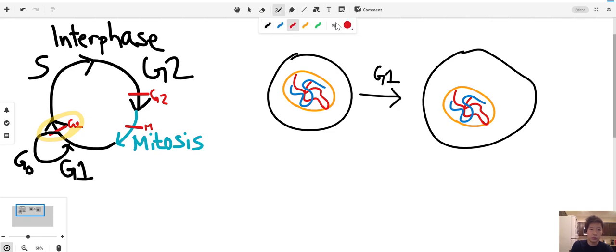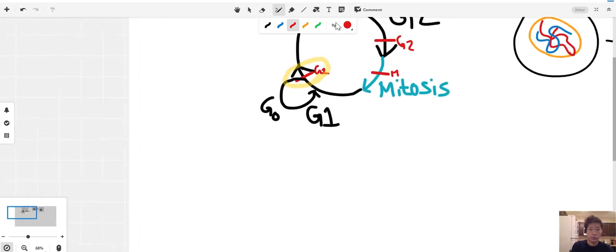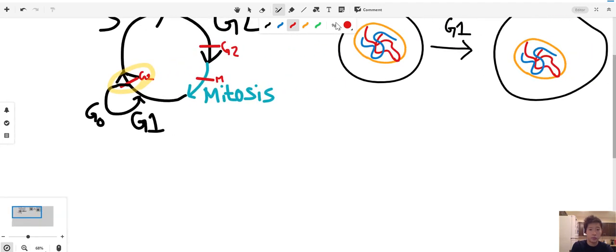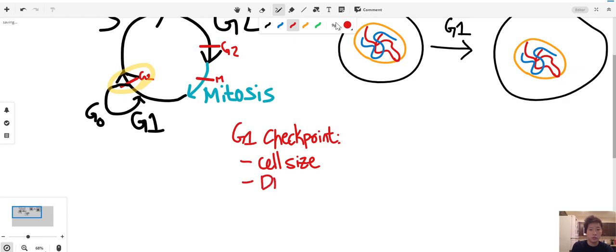So let's just write that out. Put that over here. So the G1 checkpoint. So we're going to check for cell size and also DNA damage.